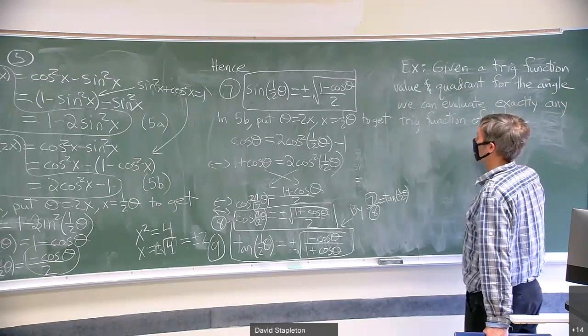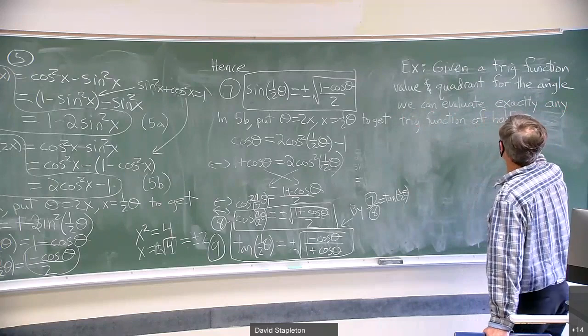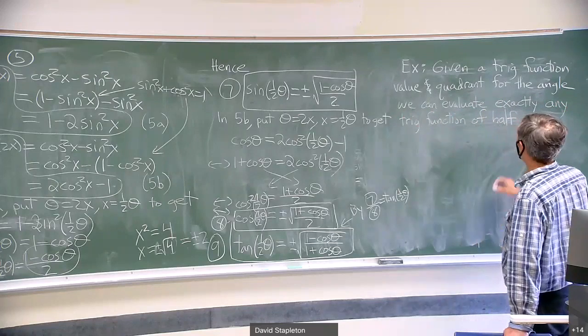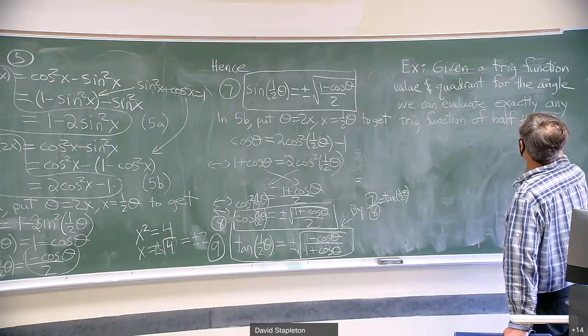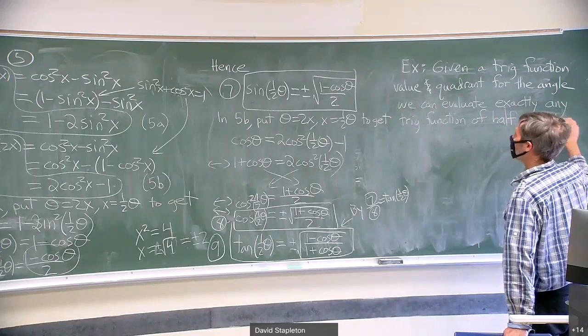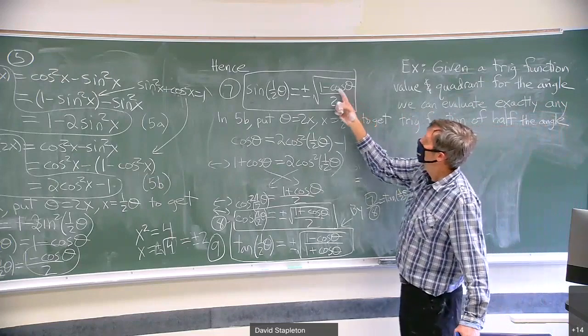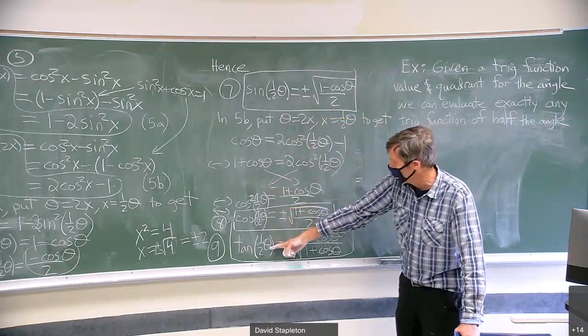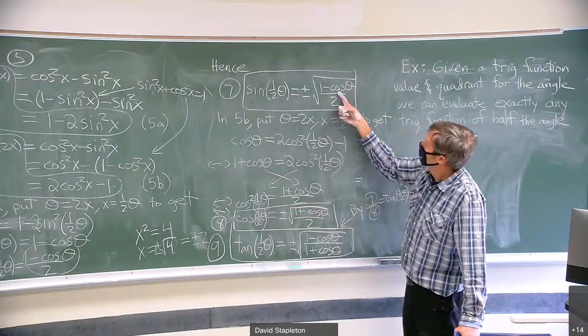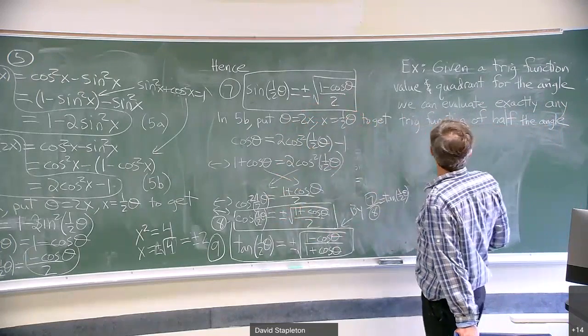The strategy is the same. You can find all 6 trig functions. However, in this case, you only need one. Can you see that? You only need the cosine. Equations 7, 8, and 9 to calculate a trig function of half angle only need cosine. So you can just do that one.